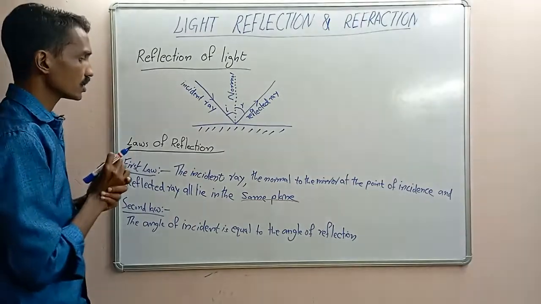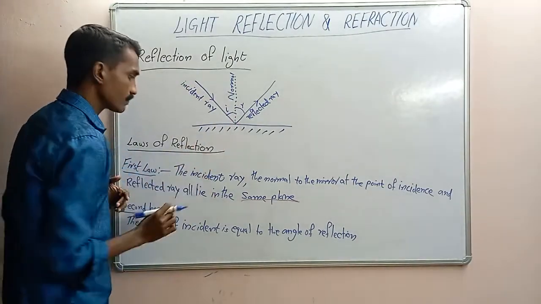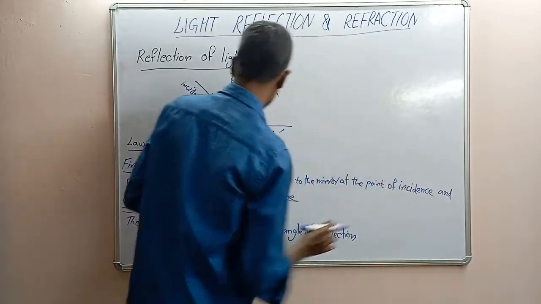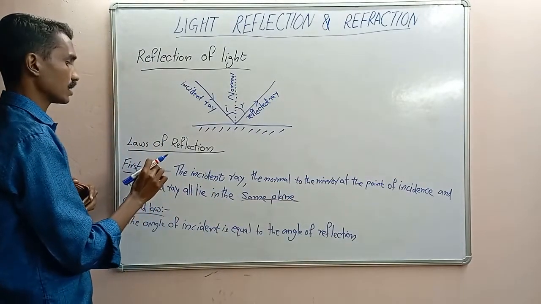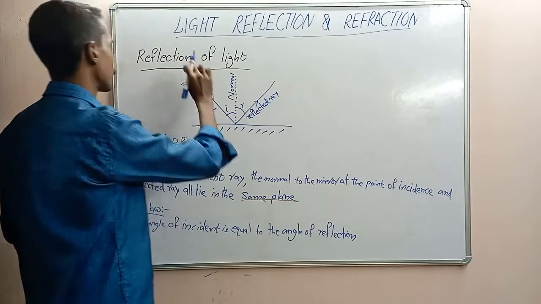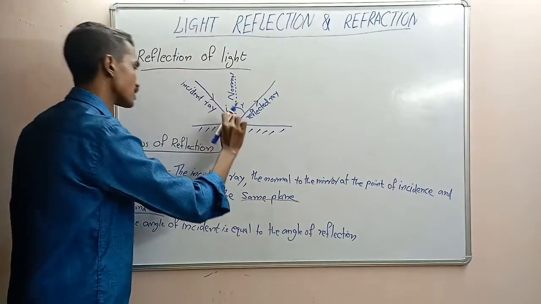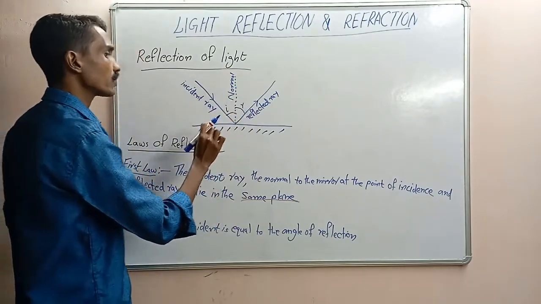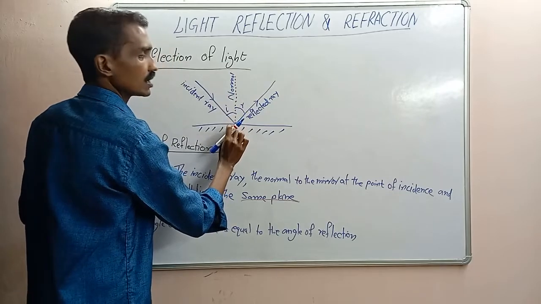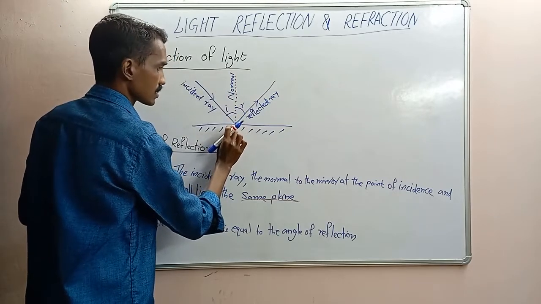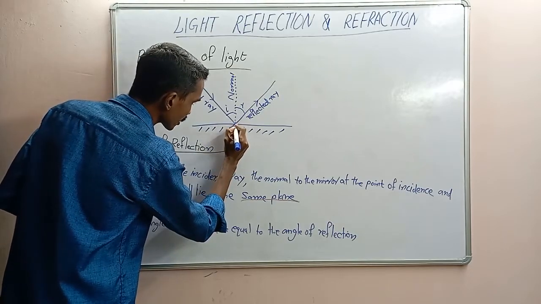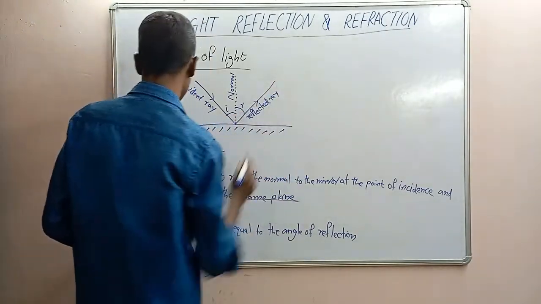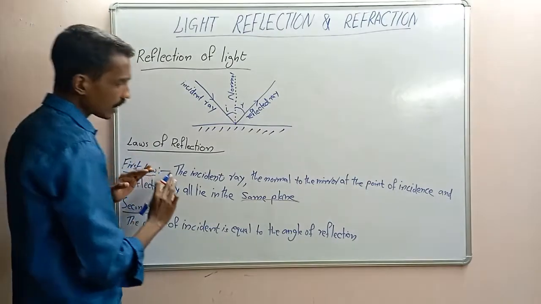In the first law: the incident ray, the normal to the mirror at the point of incidence, and the reflected ray all lie in the same plane.